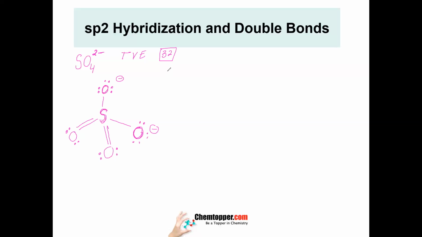So what is the EPA for sulfur? Tetrahedral. What's the hybridization needed? Because there are 4 groups, I need 4 orbitals. So sulfur will undergo sp3 hybridization.